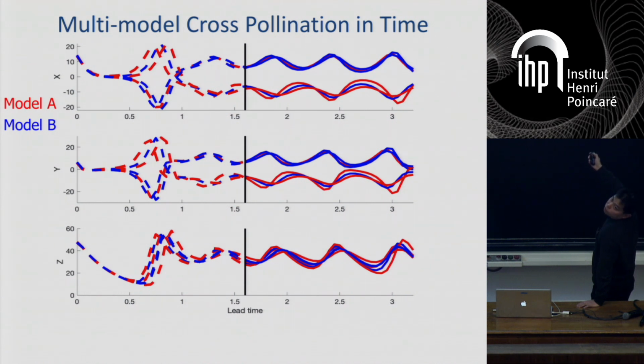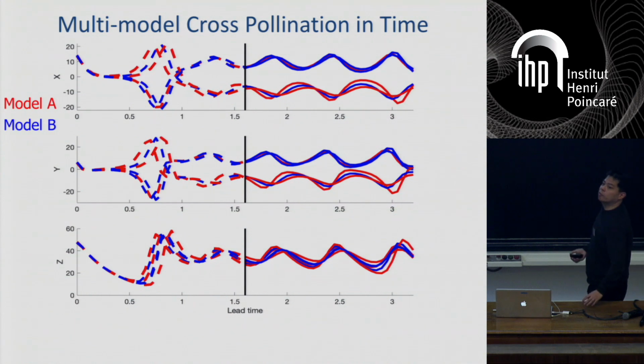We have another forecast trajectory, and similarly for all the models. So this will be the first cross-pollination time, and this will be the second. We can do this again until whatever time you're interested in.